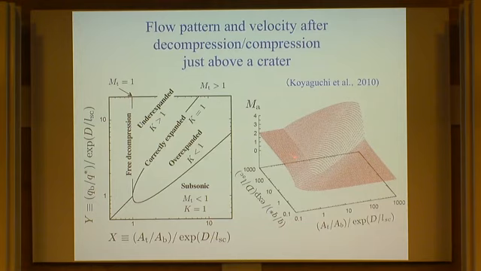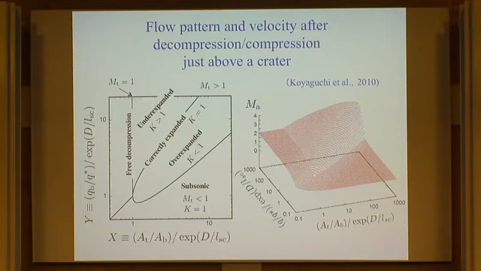And the maximum value is not over 4, it's about 3 point something. The maximum value is reached for the case of correctly expanded cases, where the Mach number becomes as large as 3. And it is true that there's a kind of plateau shape around Mach 2, but it's not a very constant value.